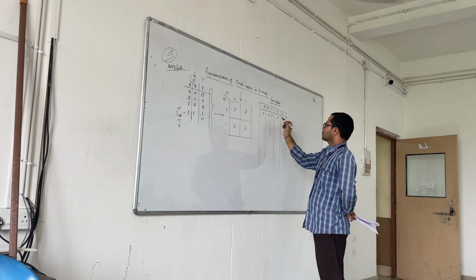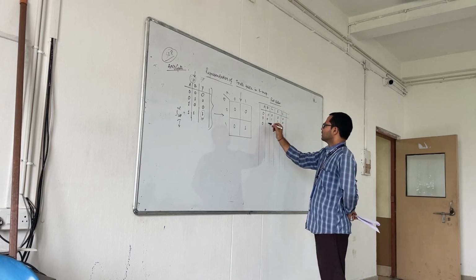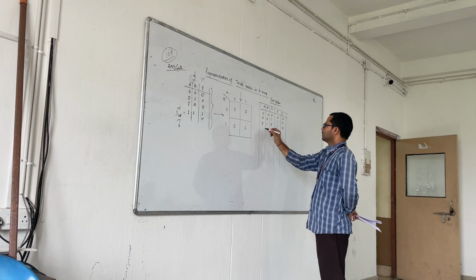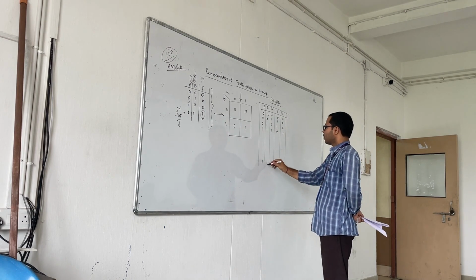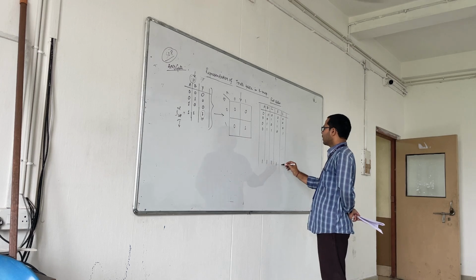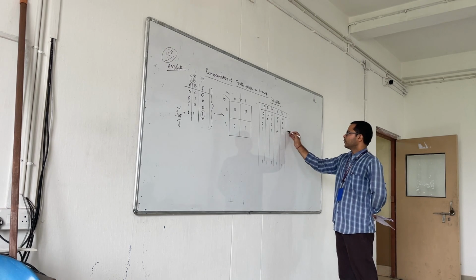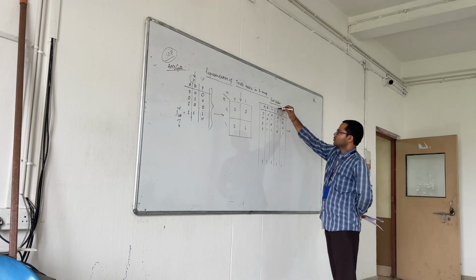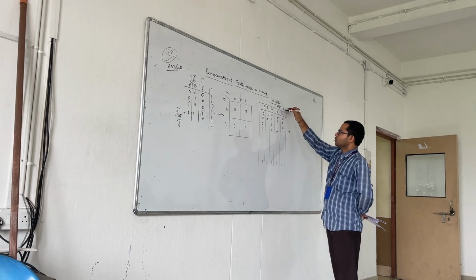So sum 0 carry 0, 0 0 1 gives 1 0, 0 1 0 gives 1 0, 0 1 1 gives 0 1. In this way we will get 1 1 1, that is 1 addition. So how can we represent this truth table? Here output 1 is sum, and output 2 is carry.